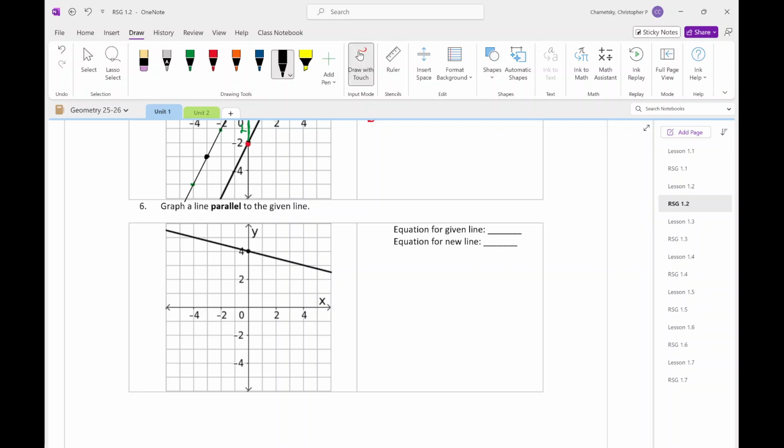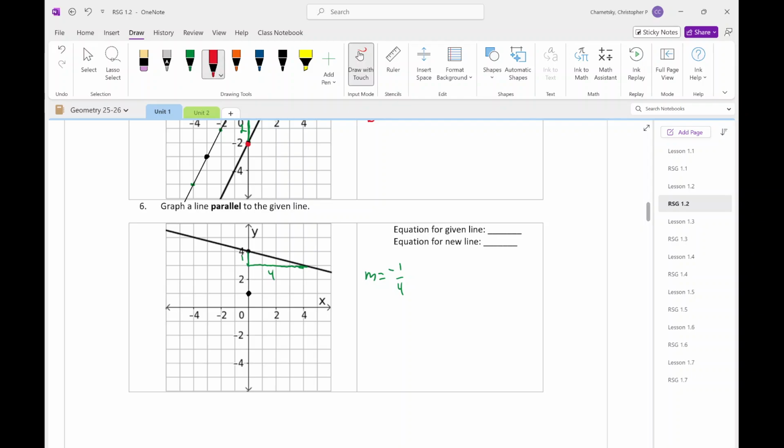We're going to plot some starting point, maybe right there. Okay, we'll check the slope of our original line. Looks like it goes down 1 over 4. So the slope is -1 over 4.